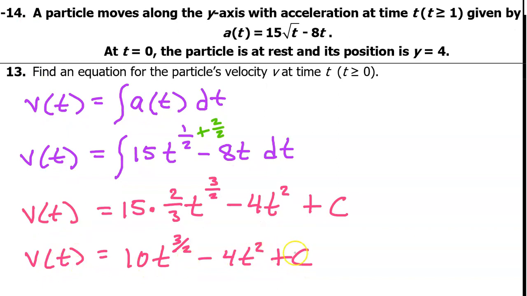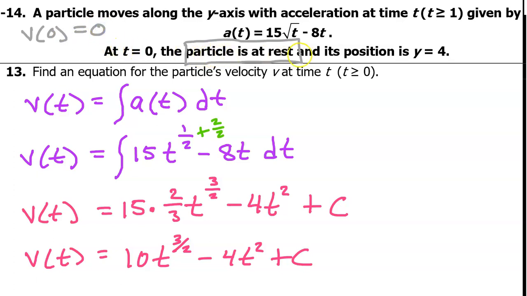This is pretty good, but we actually have enough information to figure out what c is. We're told that the particle is at rest at time t equals 0. So that means the velocity at time 0 is equal to 0.